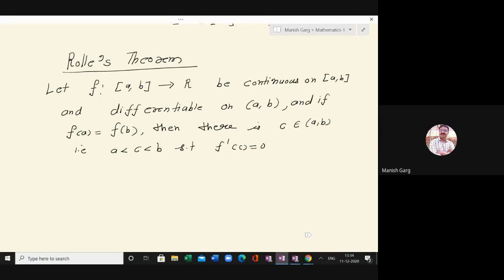If f is continuous on the closed interval, differentiable on the open interval, and if f(a) is equal to f(b), then there is some c in the open interval (a, b) such that f dash c is equal to 0. What is the geometric interpretation of this?